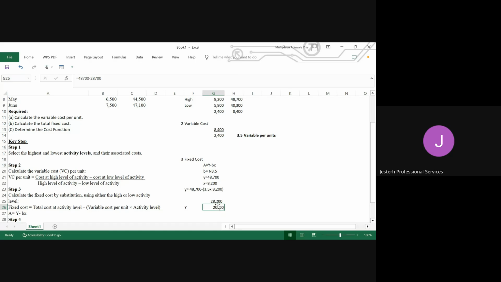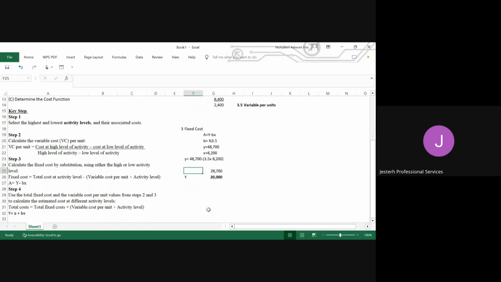Now, it means our total fixed cost in this aspect is going to give us 20,000. I believe we are on the same page. Our total fixed cost in producing 8,200 units of level of activities with the total cost of 48,700, our total fixed cost is going to be 20,000.